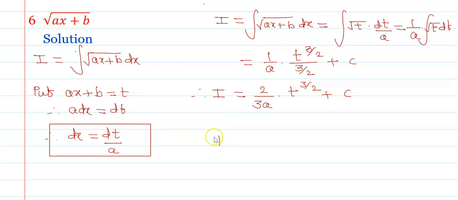Resubstitute the value of t, which is ax plus b: 2 upon 3a (ax plus b) raised to 3 by 2 plus c, and this is the answer.